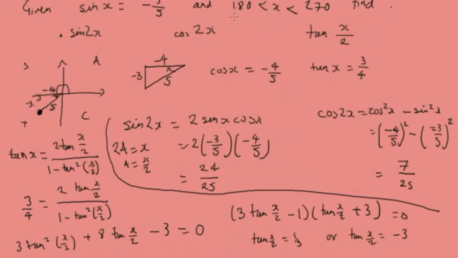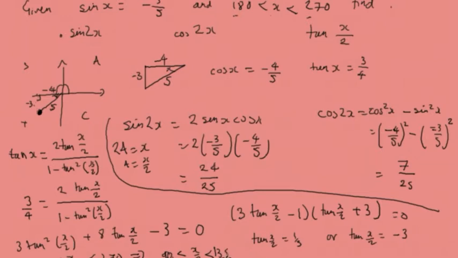So remember we wanted x between 180 and 270. If we have x between 180 and 270, that implies x over 2, we have to halve that, is going to be between 90 and 135.